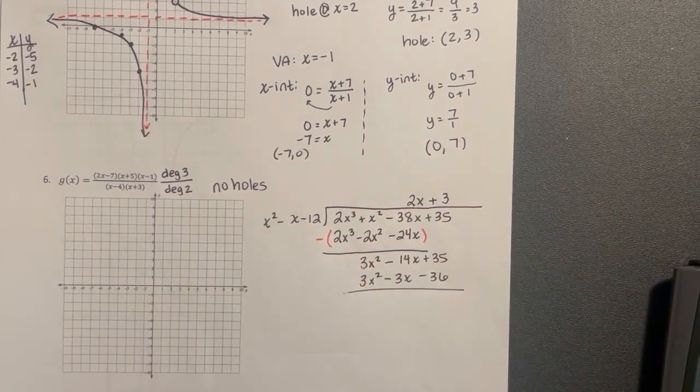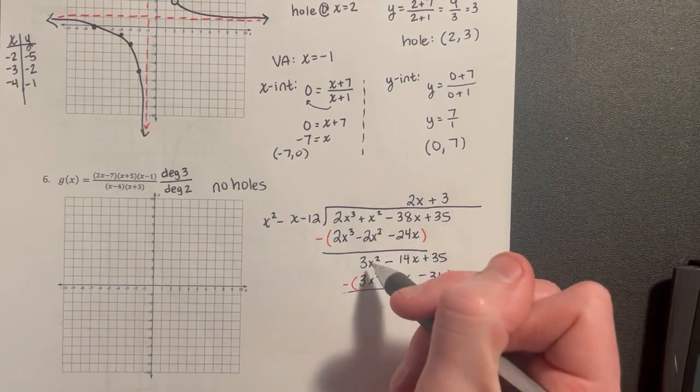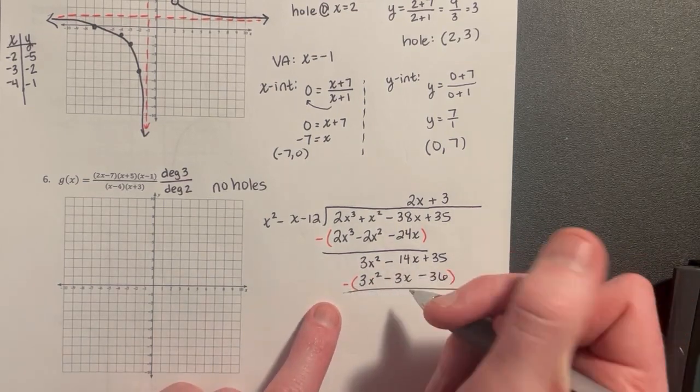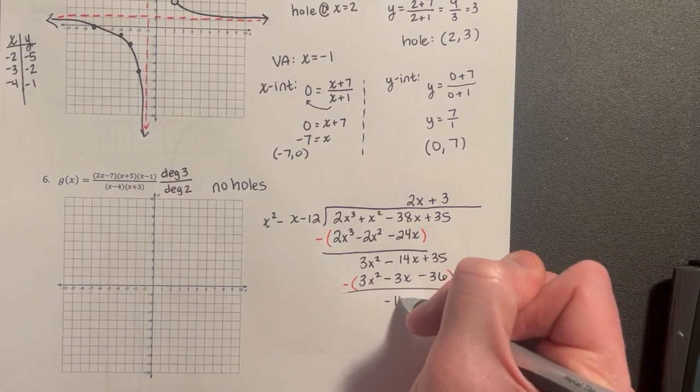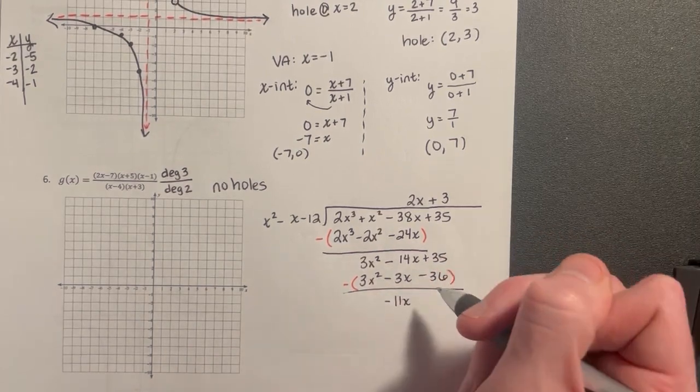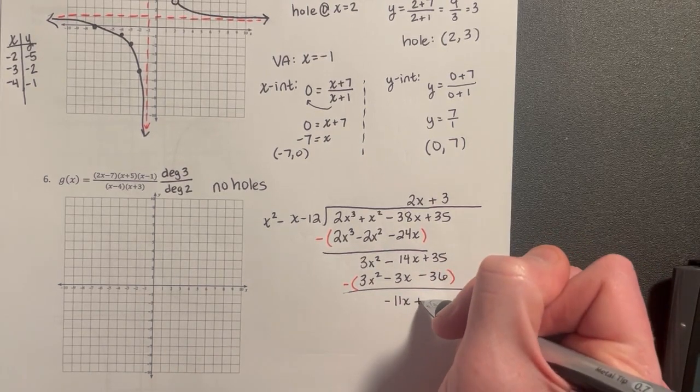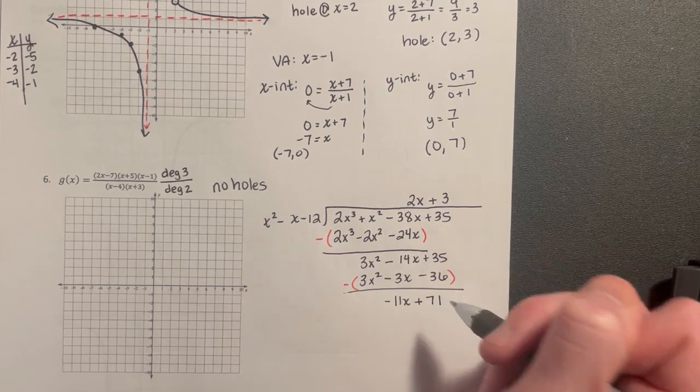And we subtract that whole row. I get negative 14 plus 3, which is negative 11x. 35 minus a negative 36 becomes plus, that's 71.